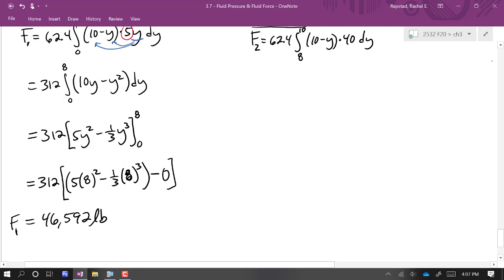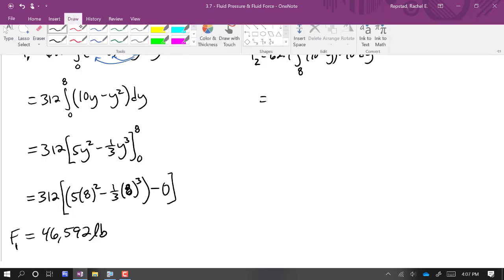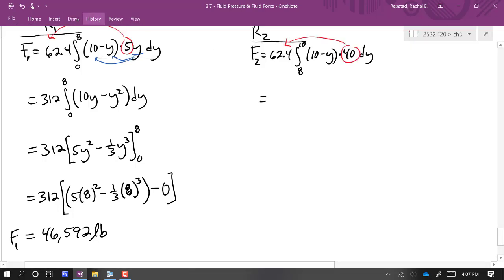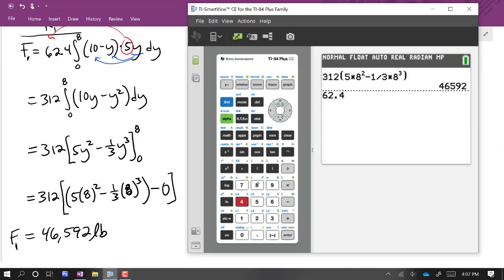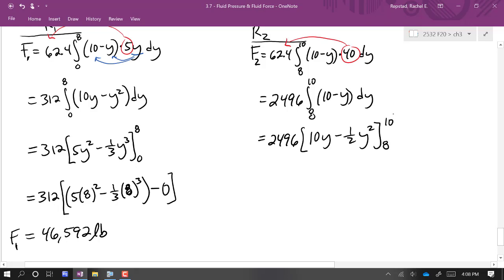Over here we'll have F2, and now we'll just do this integral. I'm going to take out this factor of 40, which gives 2,496 times the integral from 8 to 10 of 10 minus y. Integrating, we get 10y minus 1/2 y squared from 8 to 10.